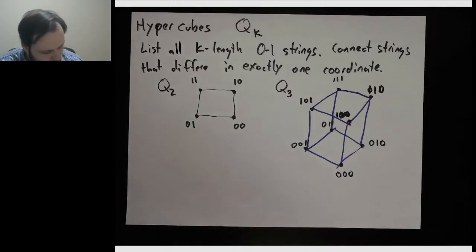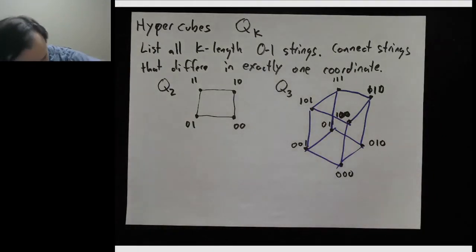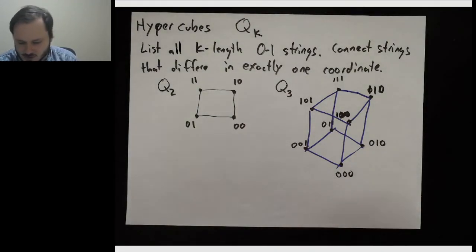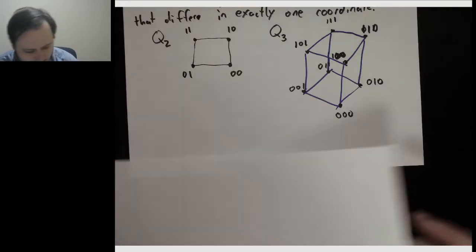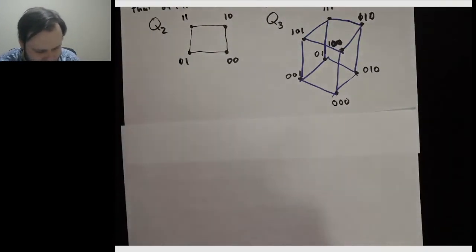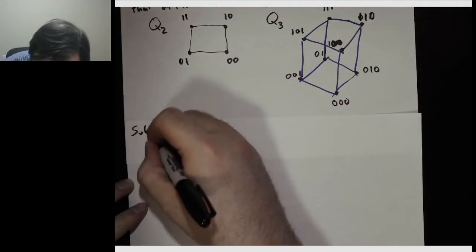Okay, one last thing I want to talk about today in this part 3 is subgraphs. So if I have a graph and I can find another graph inside of it, that's a subgraph. What do I mean by that?